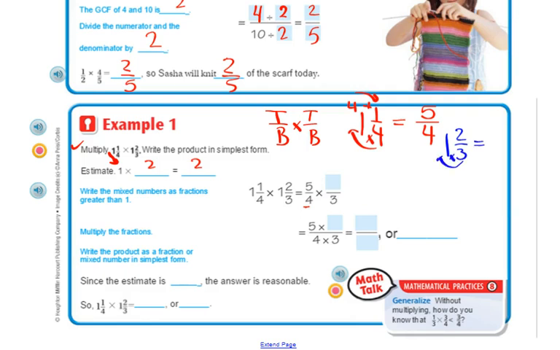Multiply your denominator with your whole number, gives us a 3. Add that numerator, which is a 2, that's going to give me 5 over 3. And that's the one I'm going to want to use down here. So instead of multiplying 1 1/4 by 1 2/3, we're going to change it into 5/4 times 5/3. All right, the improper version, we do times to add to get it into that form.